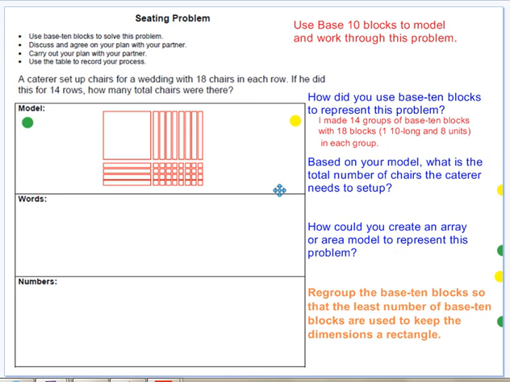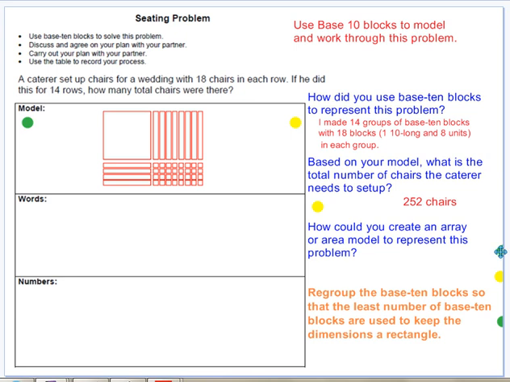So when you developed your model, what is the total number of chairs that the caterer needs to set up? Well, we need a total of 252 chairs, which means we take our 18 chairs for each row and do the 18 chairs in a row for 14 rows. That's multiplying 18 times 14.